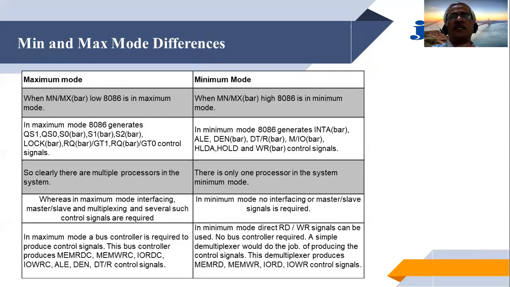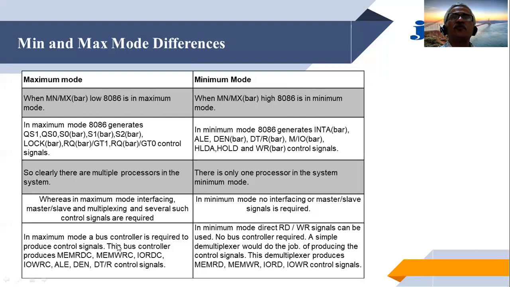So clearly, in a multi-processor environment, the system operates in the maximum mode, where they operate in the master-slave approach. And in case of the minimum mode, there is no such need, because there is only one single processor. So no master-slave concept is required in the minimum mode of operation.